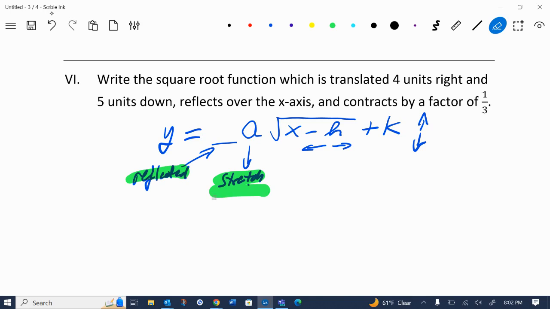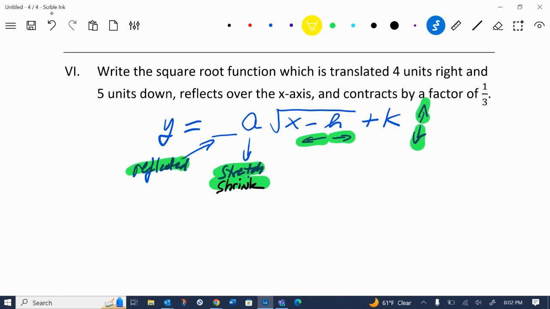Okay, let me also write that word so it looks better. Shrink. And then we have a horizontal change or a vertical change. So what we see up here is translated 4 units right, 5 units down, reflected over the x-axis, and contracts or shrinks by a factor of 1/5.